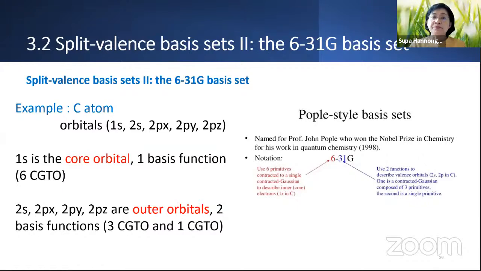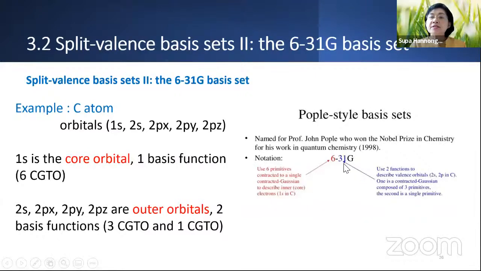Professor John Pople won the Nobel Prize in Chemistry for his breakthrough in quantum chemistry, in 1998. The notation 6 means 6 primitives contracted to a single contracted Gaussian to describe the inner, the core electrons, for example 1s in atomic carbon.